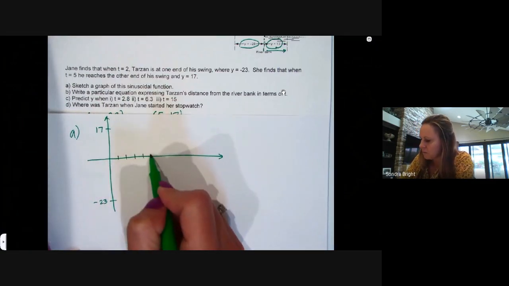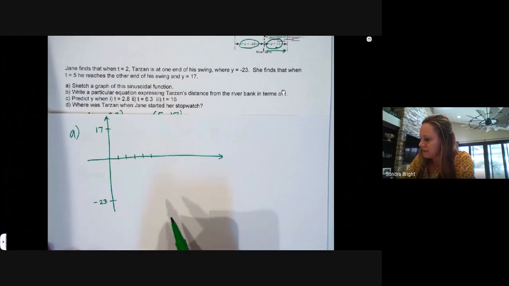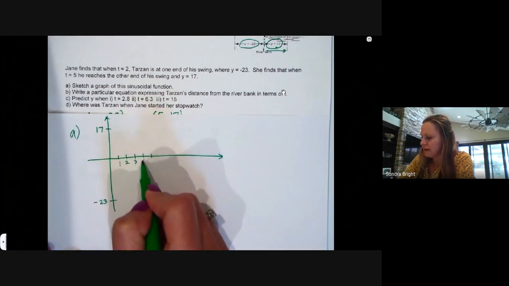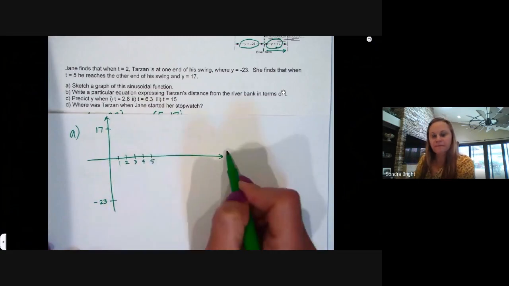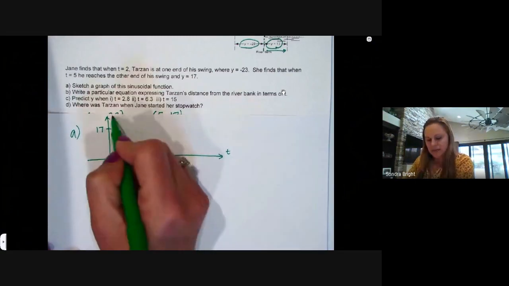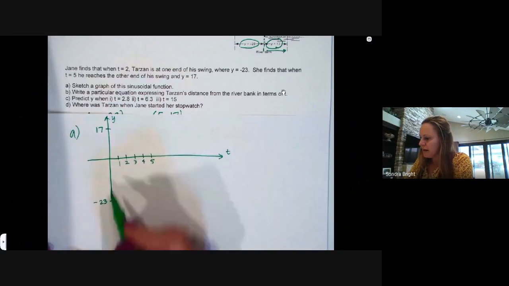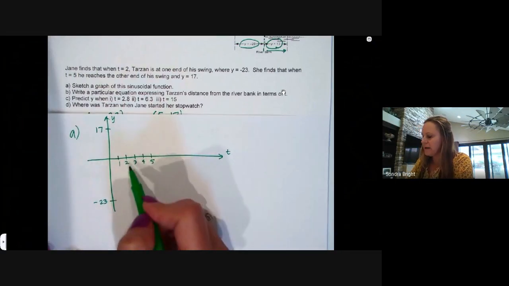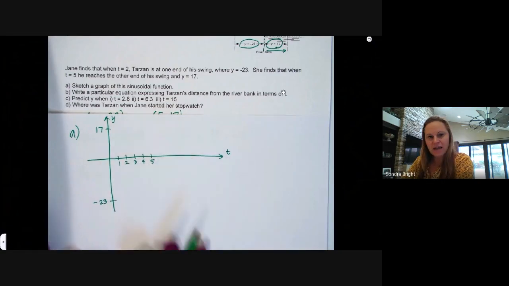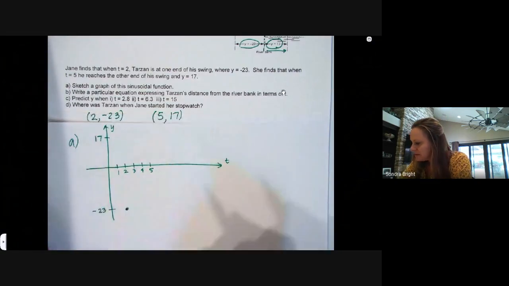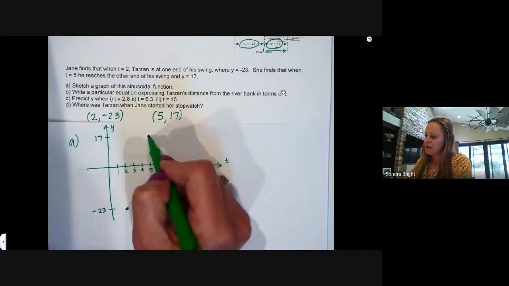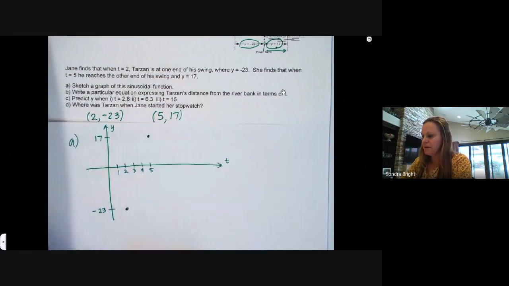So here's time and here's y. I know that when t equals 2, we were at negative 23, so I got this dot down here. And I know when t is 5, I've got positive 17. So here's the minimum, here's the maximum.